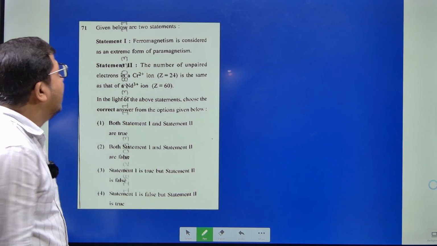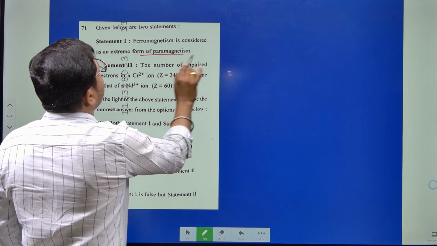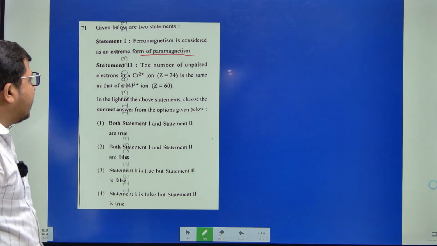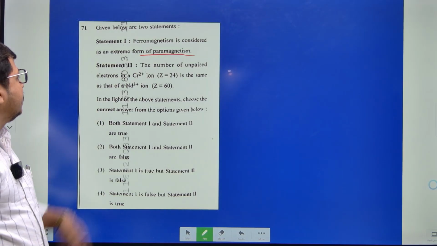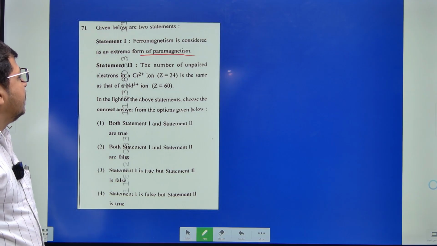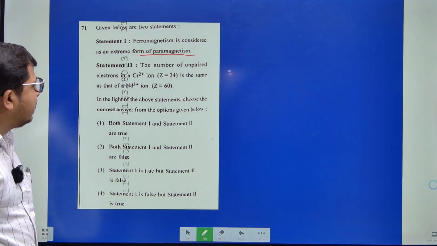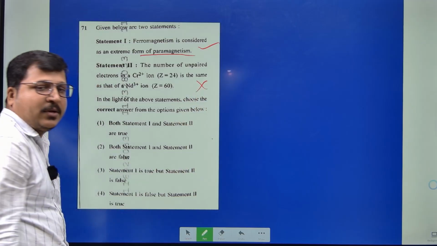Of course, it is an extreme form of paramagnetism. And statement 2, the number of unpaired electrons present in Cr2+ ion is the same as that of Nd3+ ion. This one is right and that one is wrong. How? Let's see.